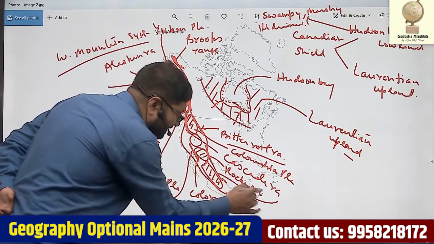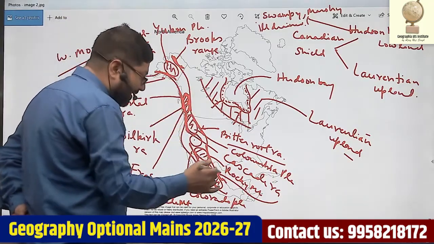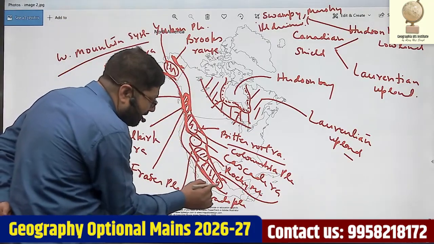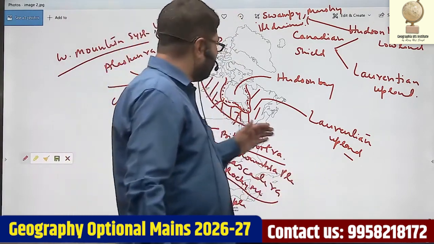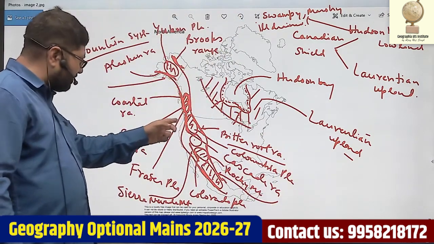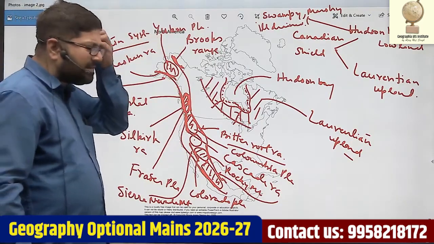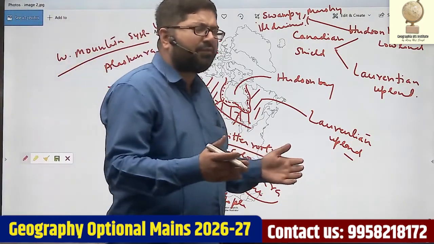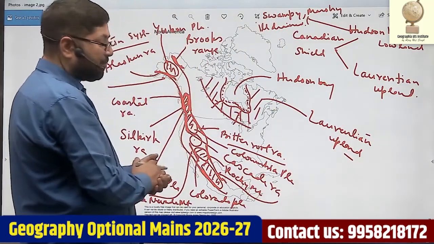In the east, it is bounded by the Sierra Madre Oriental, in the west by the Sierra Madre Occidental. There are other ranges too. Beyond the Cascade Range, further west, the Coastal Range is also there, we'll discuss. The Western mountain system encloses several plateaus which are very arid and dry because they are bounded by mountains on both sides.